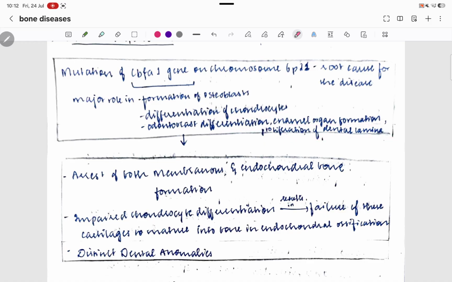So all these are the brief descriptions about the CBFA gene and its function. The first function is it helps in the formation of osteoblasts. Second is differentiation of chondrocytes, and odontoblastic differentiation, formation of enamel organ, and proliferation of dental lamina.